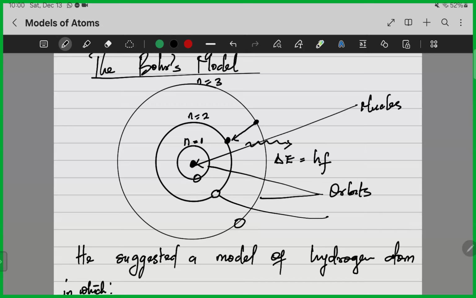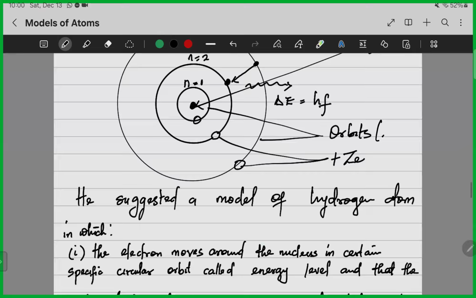So I'm calling this the electron for hydrogen. You will understand why I put Z in front of it. So we're talking about hydrogen atoms, and these orbits represent energy levels.